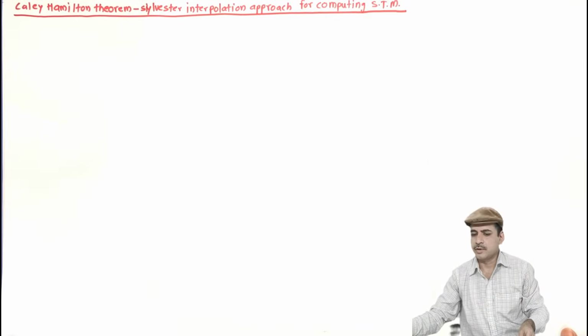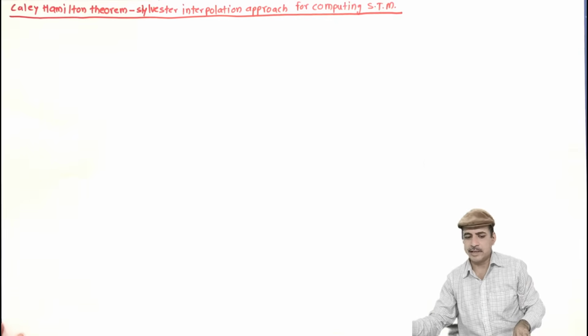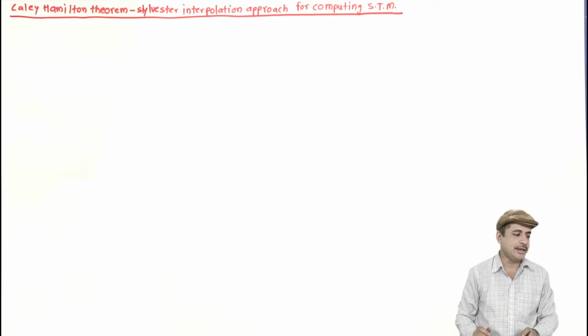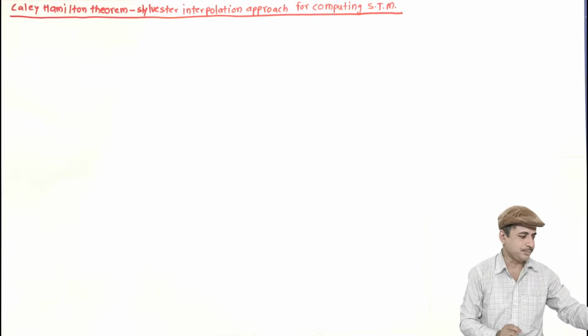And now in today's class, we will see another approach to determine the state transition matrix, and that approach is the combination of Cayley Hamilton theorem and Sylvester interpolation formula.